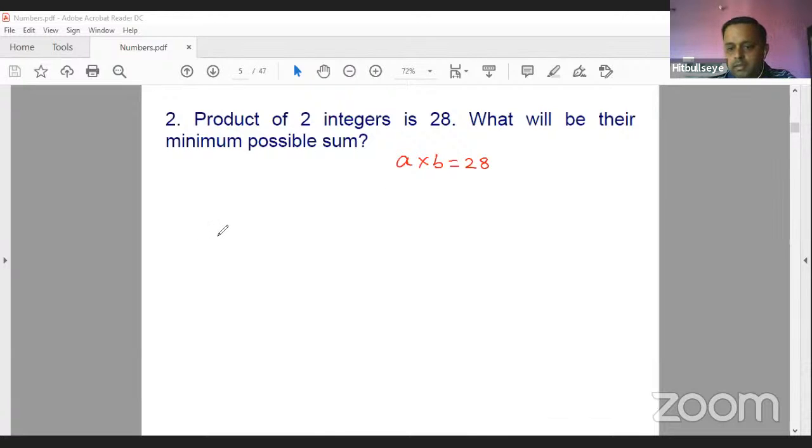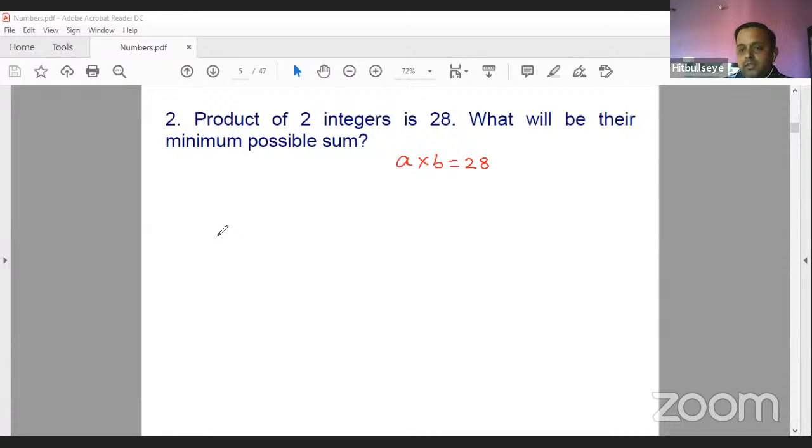Astha, Akash, and Anish, they are saying 7 and 4. So their sum is 11. Their product is 28 also, but their sum is 11. In your case, you are saying 14 into 2. Although your product is also 28, the sum in your case is 16.